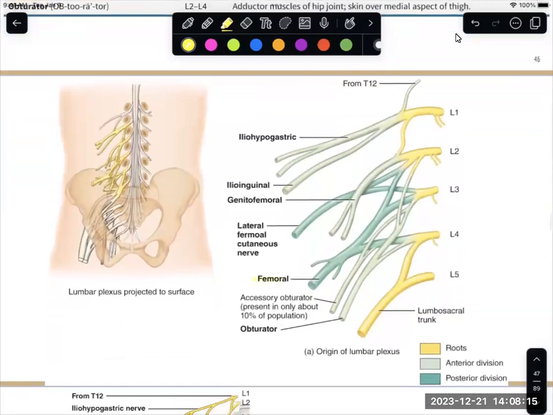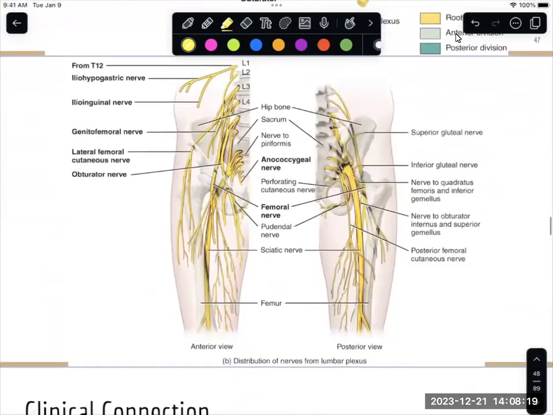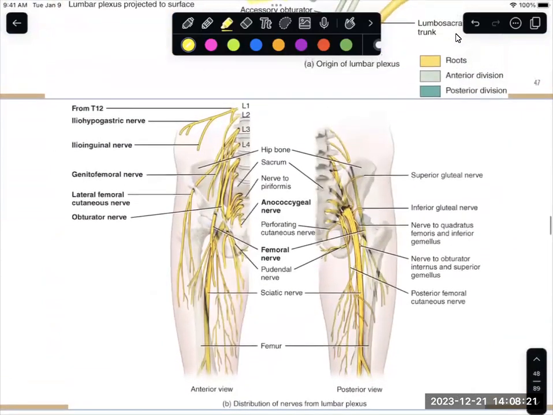So here's that femoral nerve. It is coming down this front aspect of the leg.